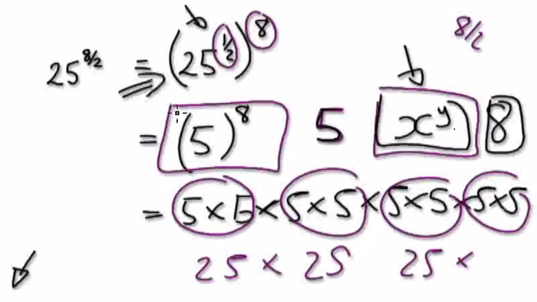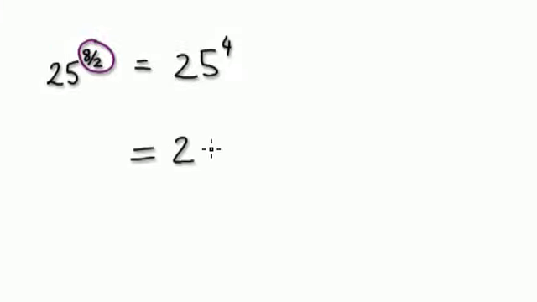So when you get to this stage here, it basically means 5 to the power of 8. Another way of doing this is, look at this here. 8 divided by 2, you could visualize as 25 to the power of 4, because 8 divided by 2 is 4. So you can just punch into the calculator 25 to the power of 4.